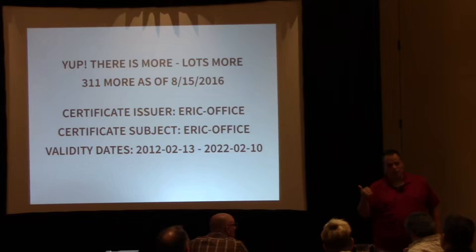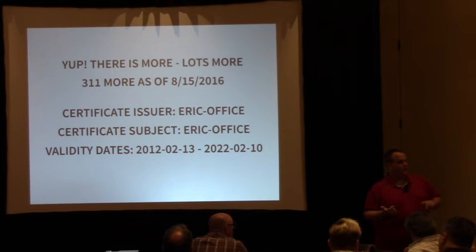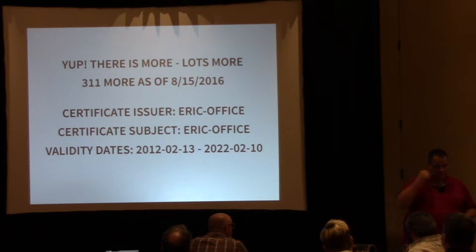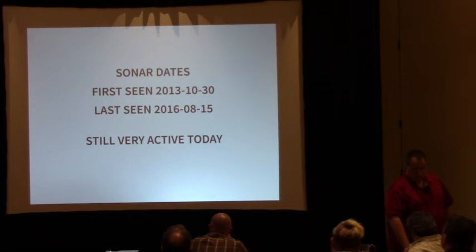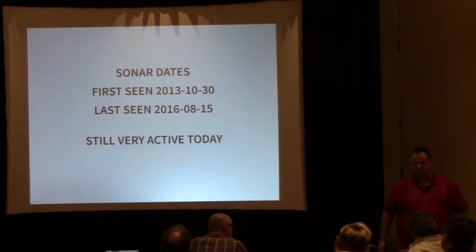Unfortunately, we don't have all the data to go back to that time frame, but I'm going to guess this has been used for more than just since October 30th of 2013. So yeah, it's still very active today. Again, this is based on sonar data that was seen from October 30th through this week.